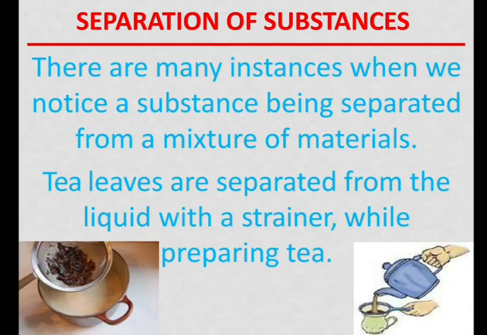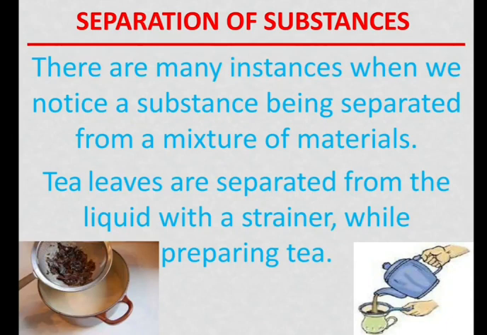These may be solids, liquids, or even gases, like separating stones from rice, churning milk to obtain butter, or separating tea leaves. So now the question arises, how do we separate these substances mixed together? For this, we are going to study some separation techniques.